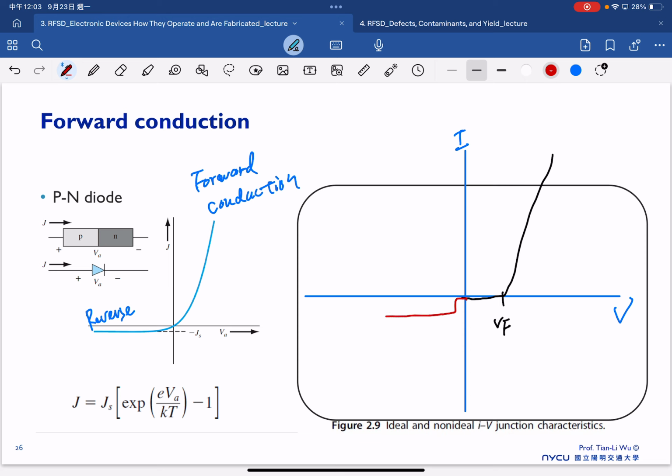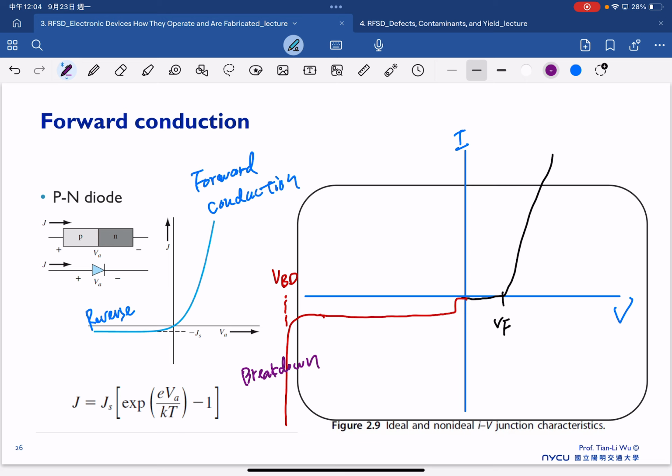Ideally, we should have a very low reverse leakage current, but it cannot always be so low, because after a certain voltage we start to see the current shooting up, and this is the moment we call breakdown. The voltage we define here is called the breakdown voltage.